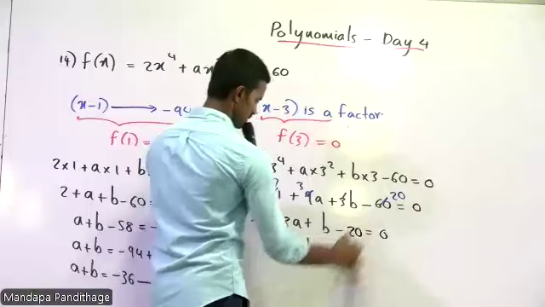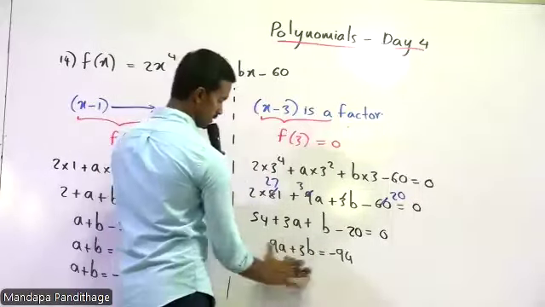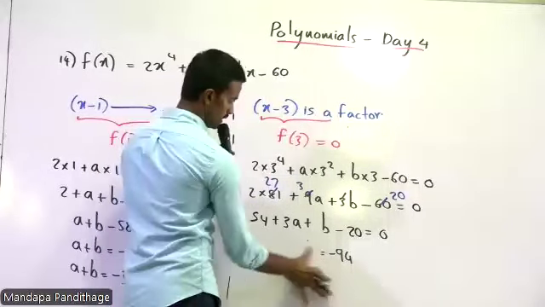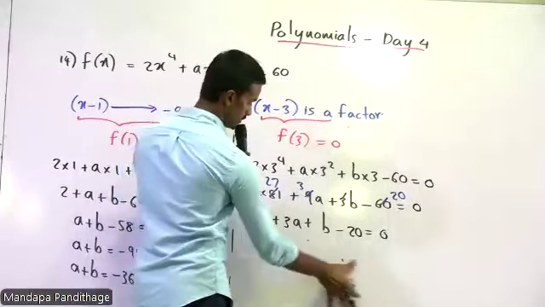Nice. So then what do I have? 3a plus b plus 34 is equal to 0, which gives me that 3a plus b is equal to minus 34. Clear. So I got two equations consisting of a and b, and I can see b came in now.